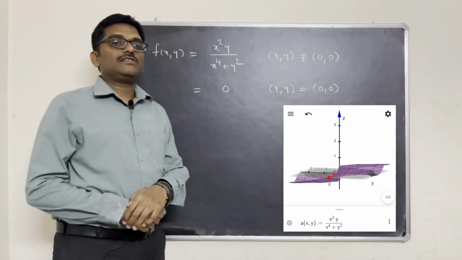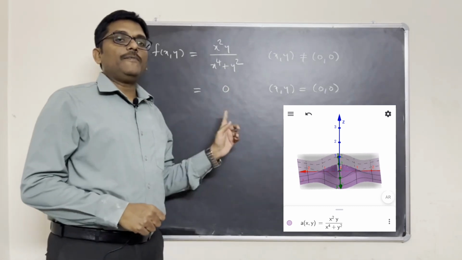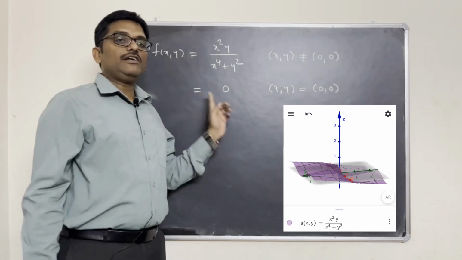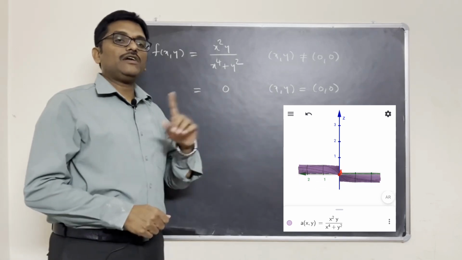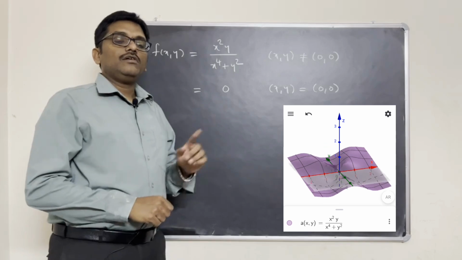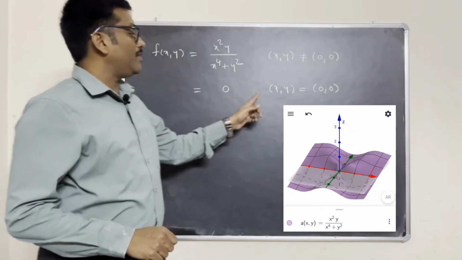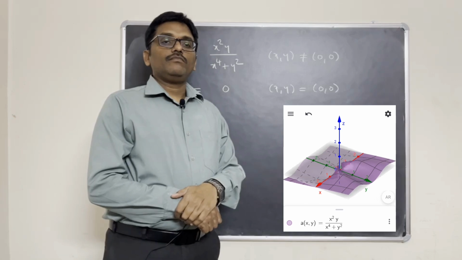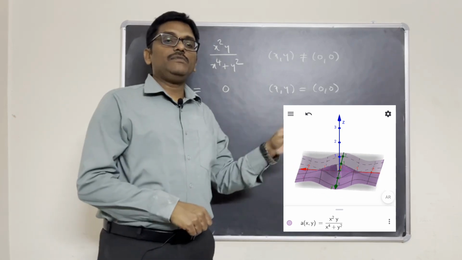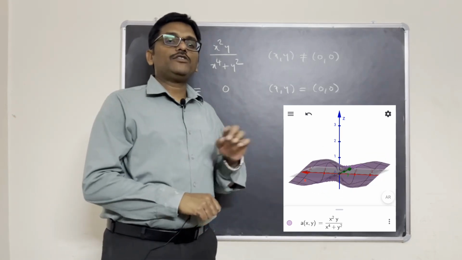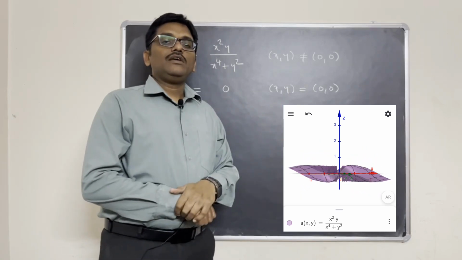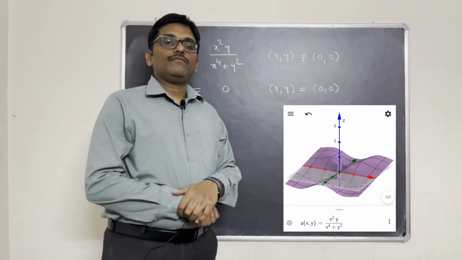As we have discussed, in the method of obtaining limit for functions of two variables, if we are evaluating limit at origin, we have to evaluate limit along every path as (x, y) approaches (0, 0). Means we have to evaluate limit along path 1 and path 2, along y equal to mx square and so on, mx power n.